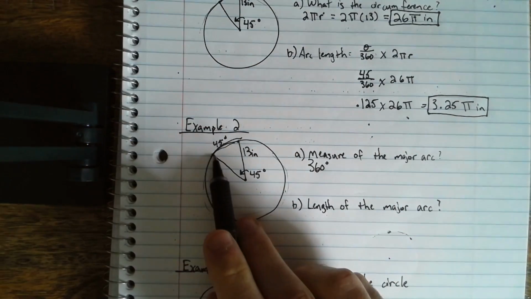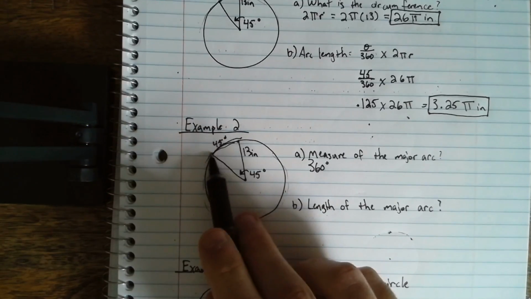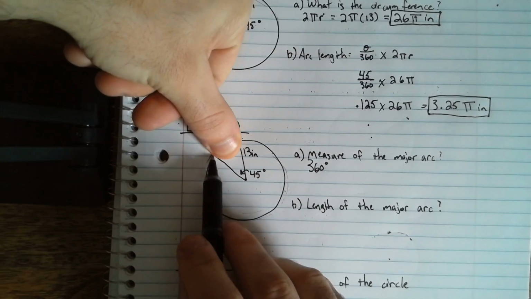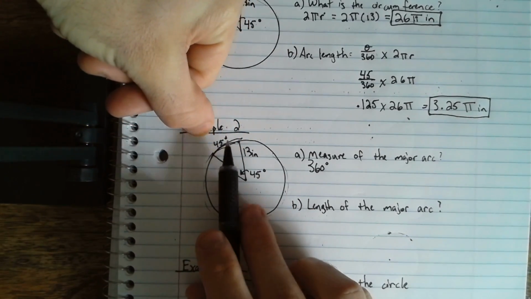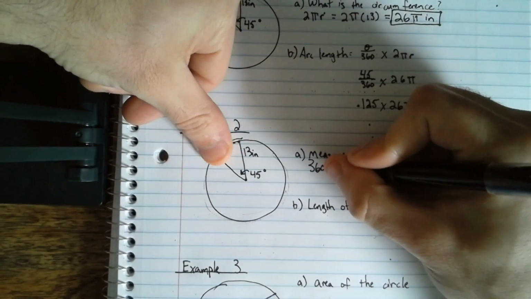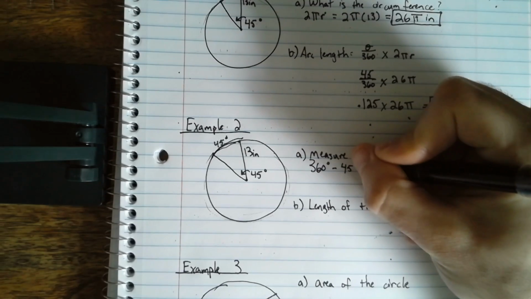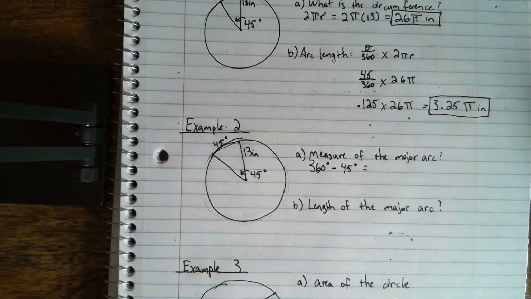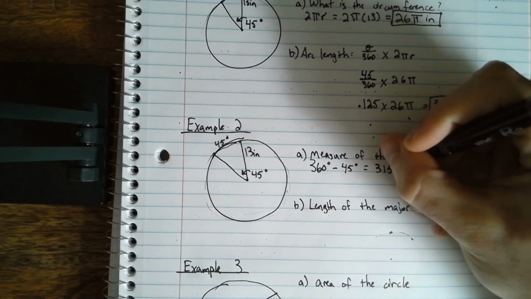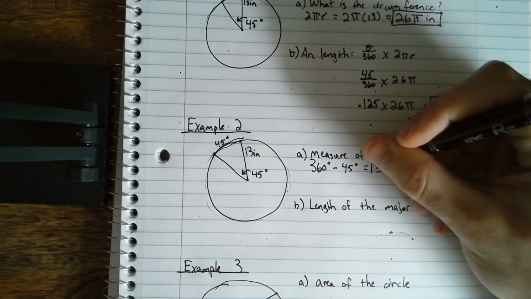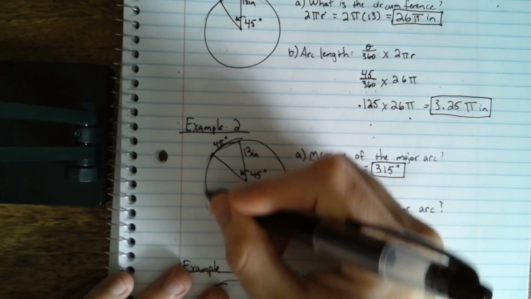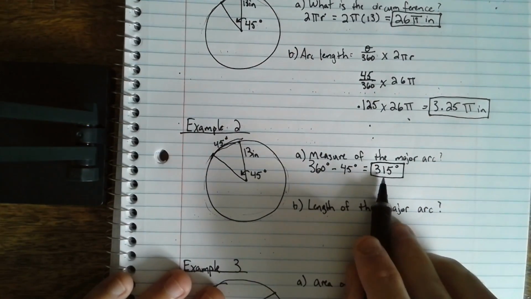To account for the major arc, we need to just subtract off this 45 degrees, because we're concerned with the measure of this arc. If this arc is 45 and the full circle is 360, to get the major arc, we have to do 360 minus 45 degrees, and that is equal to 315 degrees. So the measure of the major arc going the long way around the circle is 315 degrees.